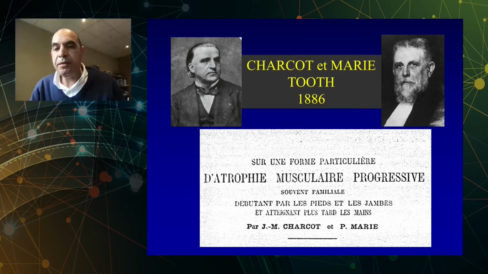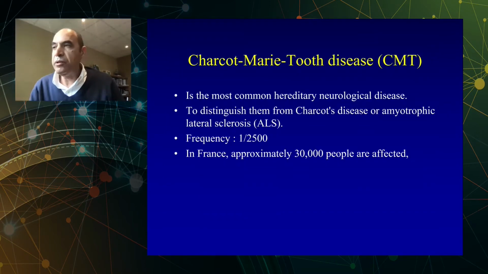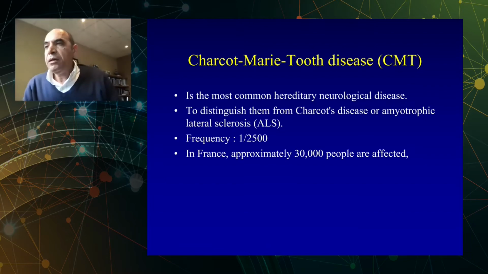Charcot-Marie-Tooth was described by three neurologists in 1886, two French neurologists and one English neurologist. CMT is the most common hereditary neurological disease and it's very frequent. The frequency is about 1 out of 2,050.